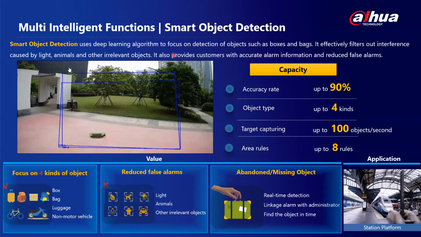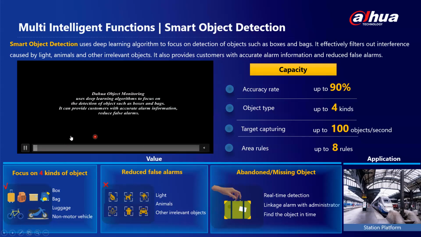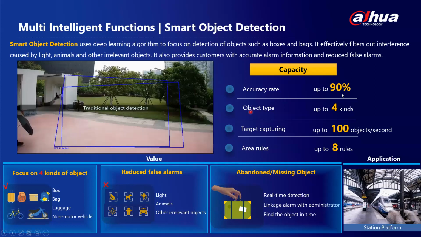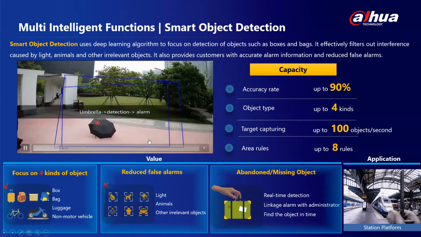So in this case, this is the detection area. If we leave items such as boxes and bags, this is basically going to trigger an alarm. For example, we have an accuracy rate of 90%. Here we have an umbrella left, so this will not trigger an alarm.